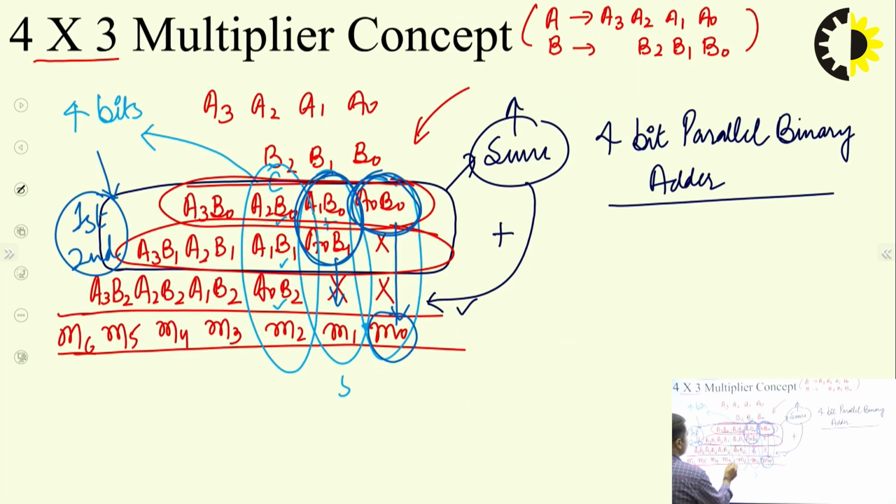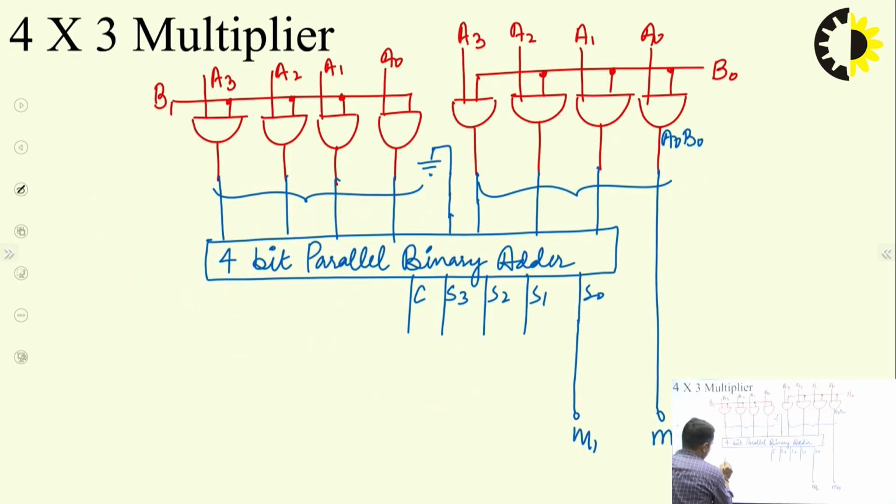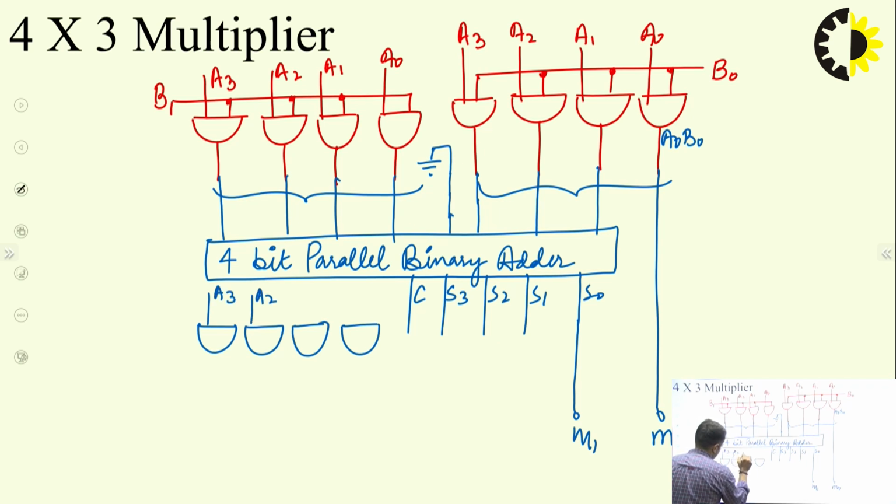But before that, we have to generate this 3rd row first, because it has not been generated. Generating the 3rd row means the products for the 3rd row, where A3, A2, A1, A0 need to be multiplied with B2. So let's prepare the 3rd row. You will require 4 AND gates, taking A3, A2, A1, A0 and multiplying them with B2.